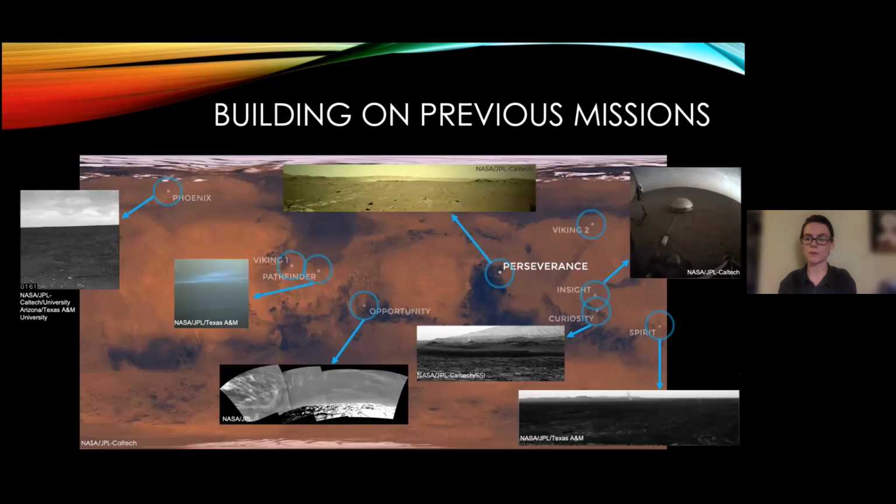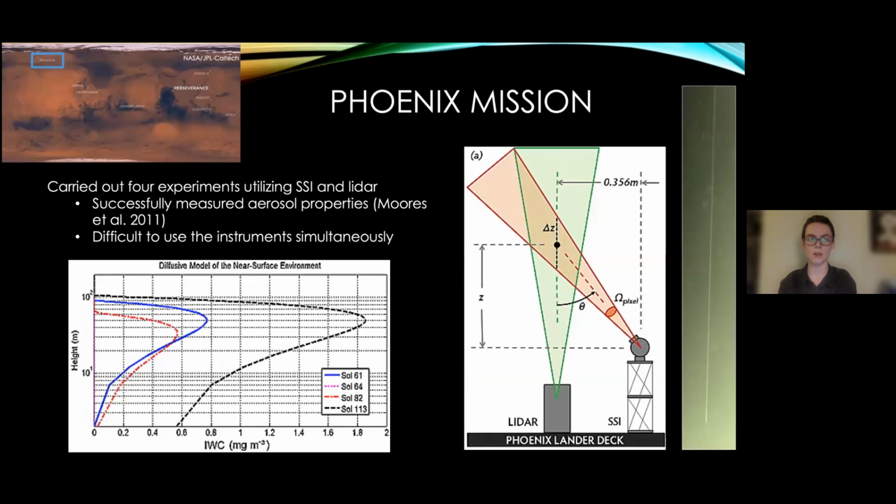So building on previous surface missions, basically every mission that has landed on the surface of Mars has seen aerosol activity, between clouds, dust lifting, and even dust devils. So there is activity that can be viewed from the surface using imagery. Specifically the Phoenix mission, which Canada had a lot to do with, and specifically the lidar.